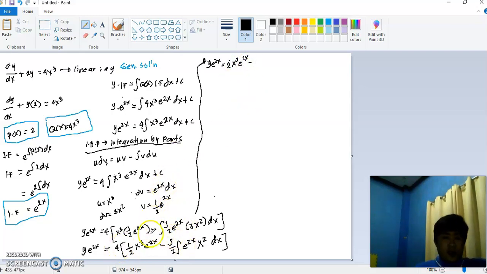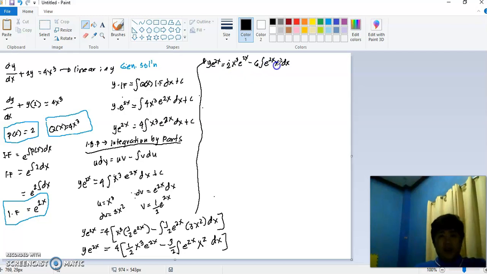We have 4 times 3, that is 12, divided by 2, that is 6. Alright, that is 6 times the integral of e^(2x) x squared dx.